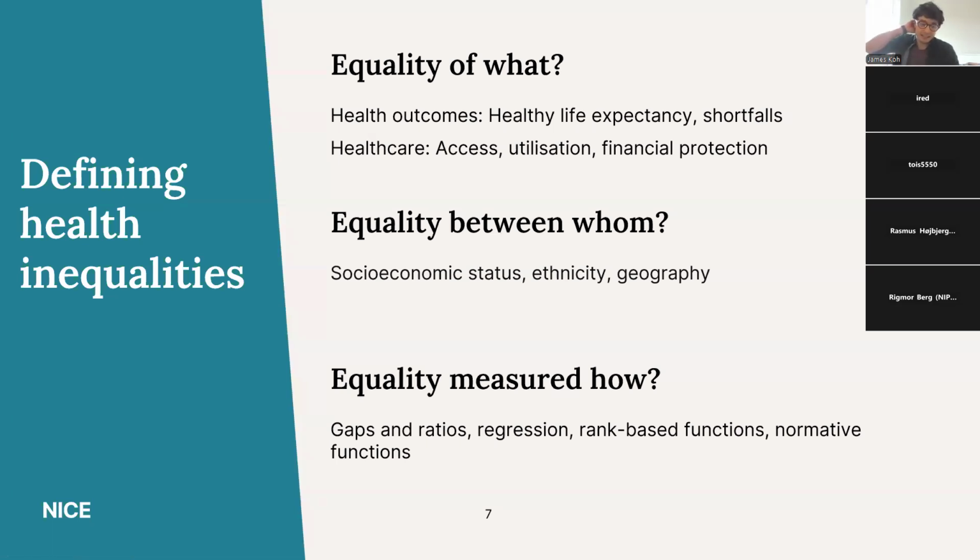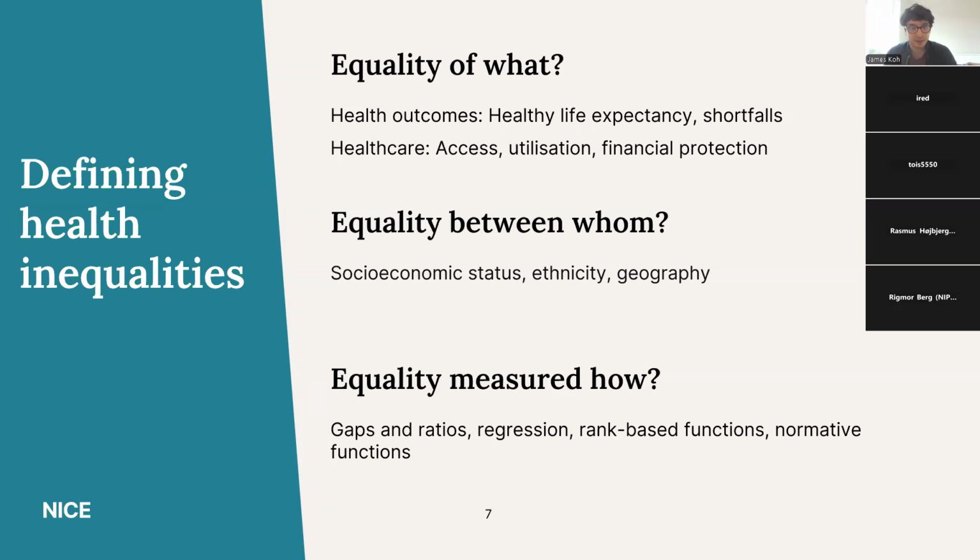There are a myriad, so many different ways of defining health inequalities, and this is a point that I'm going to come back to with the way that organizations who want to promote health equality and reduce health inequalities have to kind of cope with. And some of the definitional questions, the three main ones are listed here.